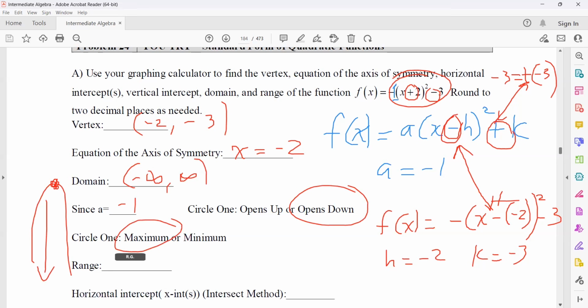So our range is going to be -infinity to k, which is part of the y values. And then you find your horizontal intercept. Again, you go to the calculator and then you find that from the calculator. All right. And then you draw your graph.